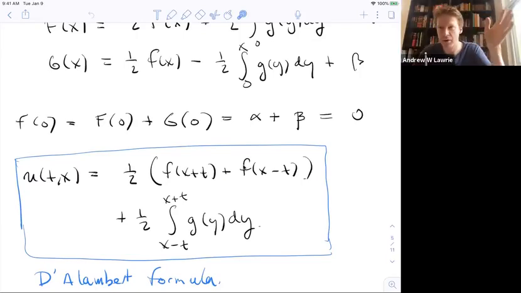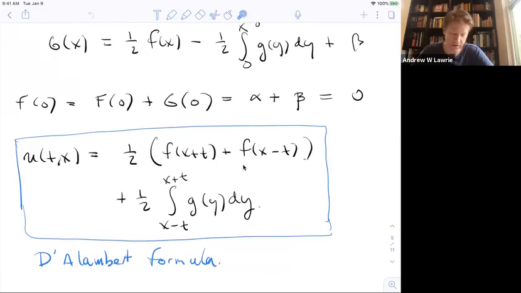I was very quick when I did that. I remember in the last lecture, I just kind of blew through that. I was just forgetting the periodicity of the function and solving more in general. So this D'Alembert solution is a bit more general in that it has nothing to do anymore with periodic functions.